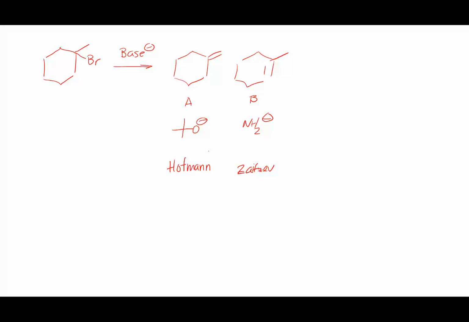Obviously, the mechanism is different. And so here's what happens with Hoffman elimination. I'm going to take a molecule, and I'm going to just kind of skip ahead here. So I'm going to take a primary amine, and what I would like to do is exhaustively methylate this amine. What does that mean? That means the net result is I'm going to use 3 equivalents of methyl iodide in a basic reagent.